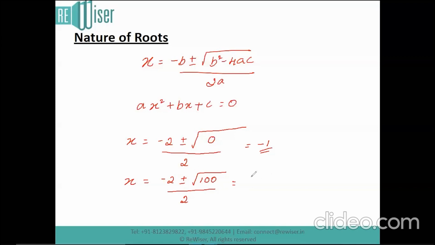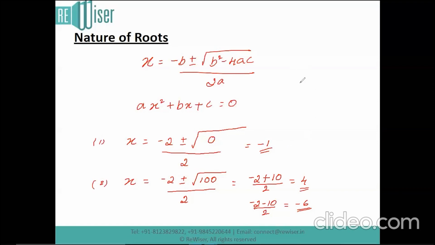So there are two cases: minus 2 plus 10 over 2, or minus 2 minus 10 over 2. So in that case, it is positive 4 or negative 6. So here you got two solutions for this quadratic equation. So this is case 1 and this is case 2.